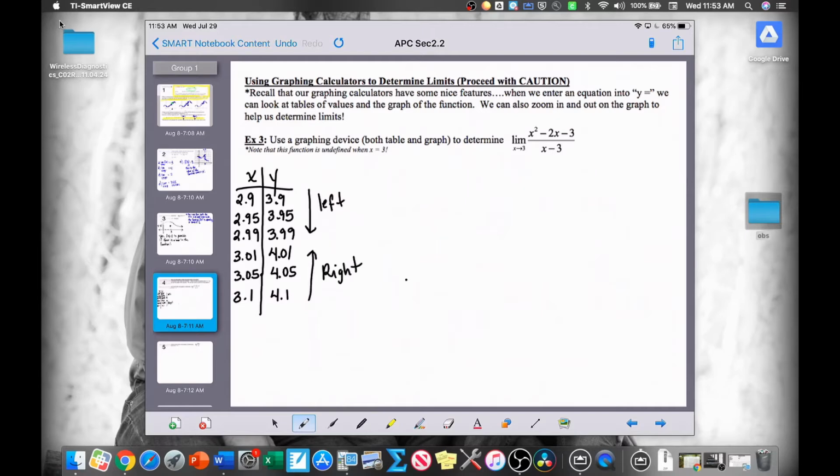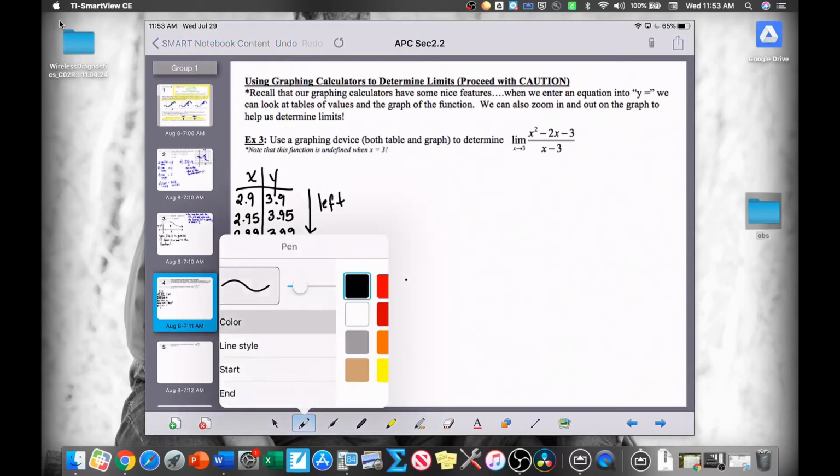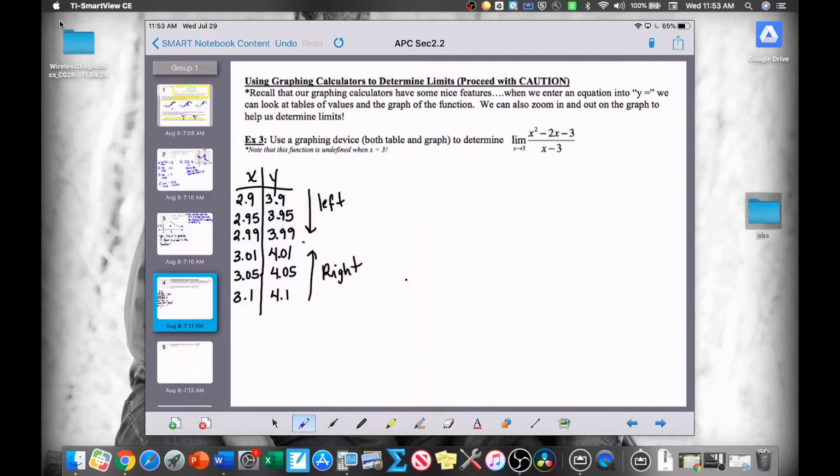And what do you notice about those y values? They seem to be getting from both sides closer and closer to a limit of 4. So let's write that down right here. The limit as x approaches 3 seems to be equal to 4.